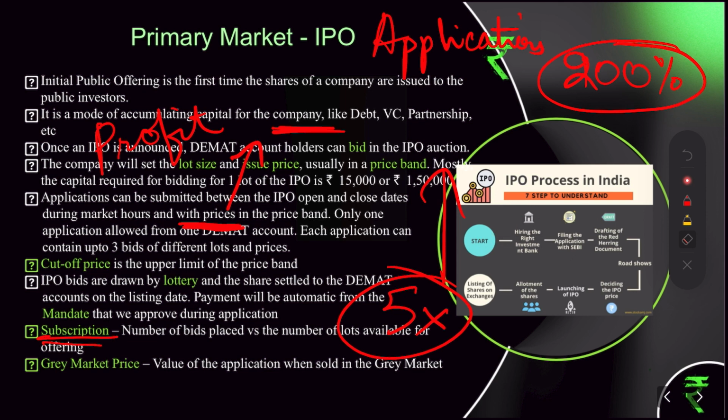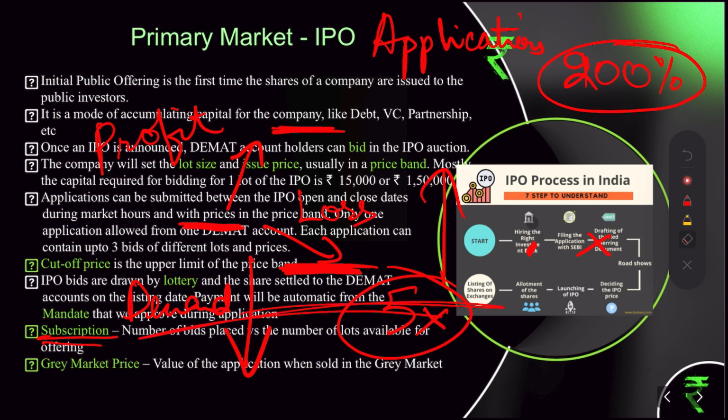But let us say the IPO is not very popular and it has been subscribed only 0.5 times, which means that the demand is low and the stock is going to get listed below the IPO price and you are bound to make losses.